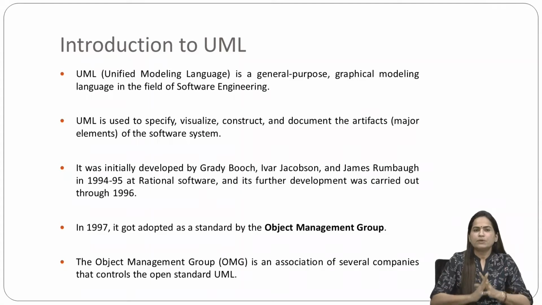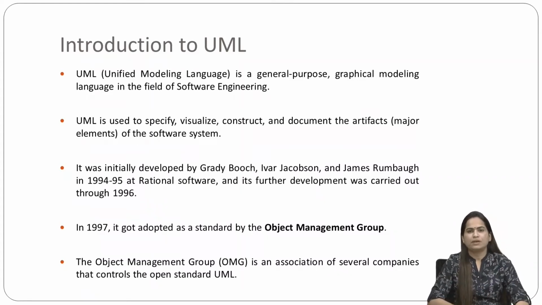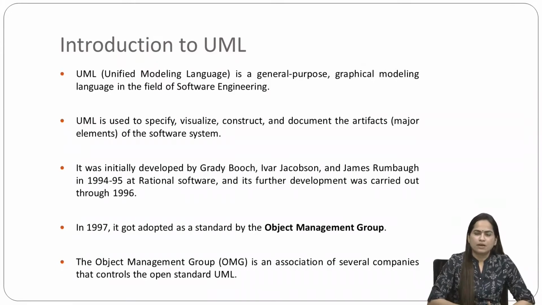UML was initially developed by Grady Booch, Ivar Jacobson and James Rumbaugh in 1994 to 1995, and they developed it at Rational Software, and its further development was carried out through 1996.